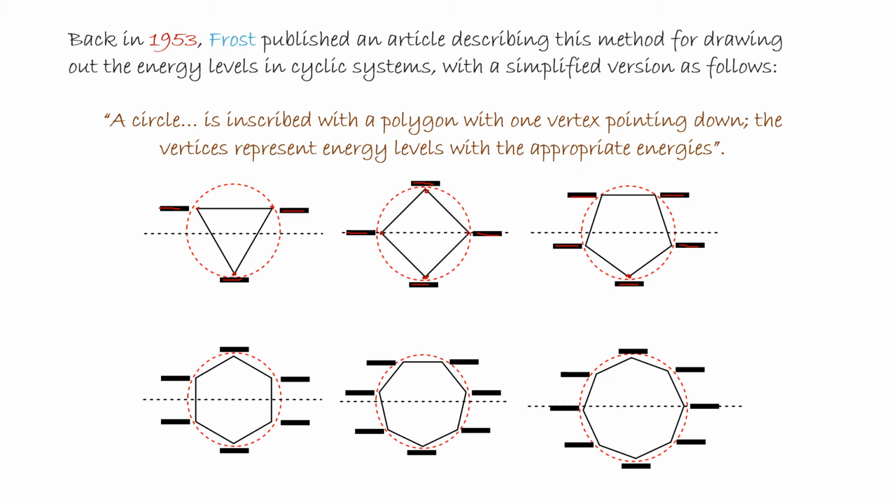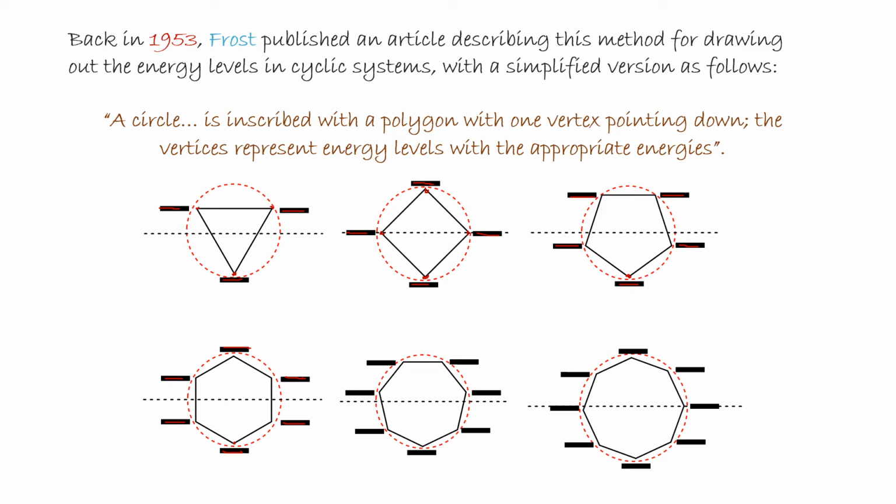So 5. For the benzene, vertex down, 1, 2, 3, 4, 5, and 6, and so on.